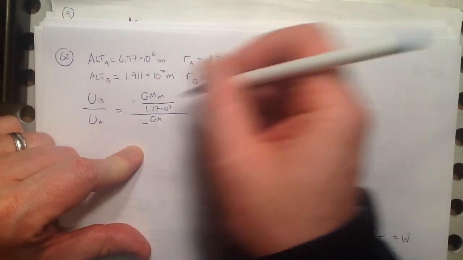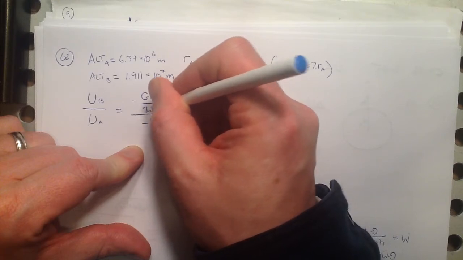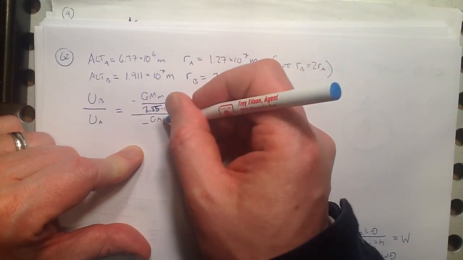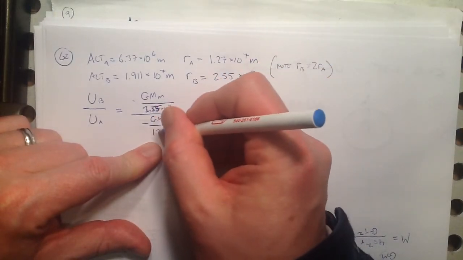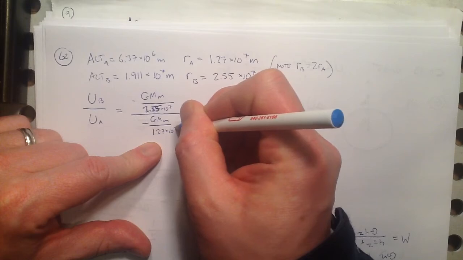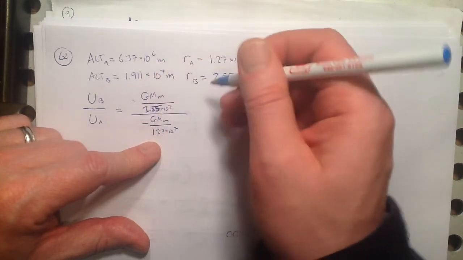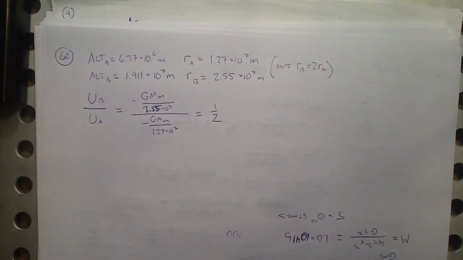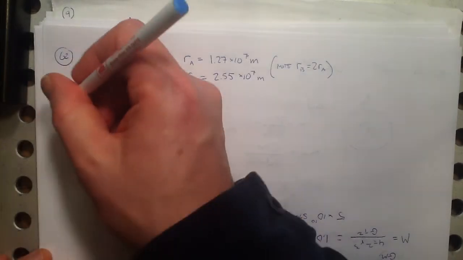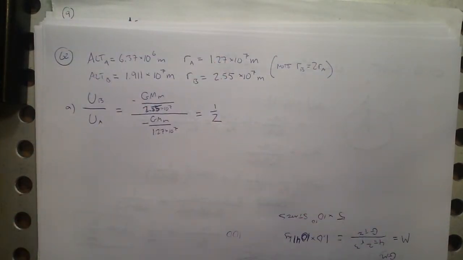Sorry, that's supposed to be B on top. That's 2.55 over GMm over the radius of A. And when I clean this up, dividing by a fraction, same as multiplying by the reciprocal, that's going to be about 1/2. So noting that that was true made that a little bit simpler, right?